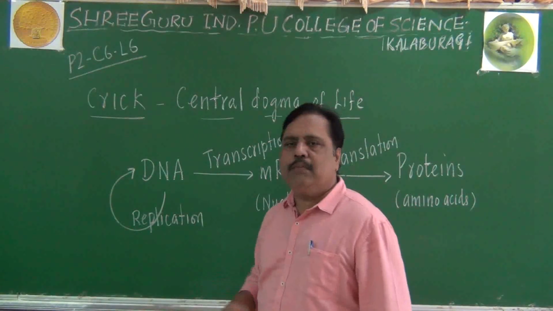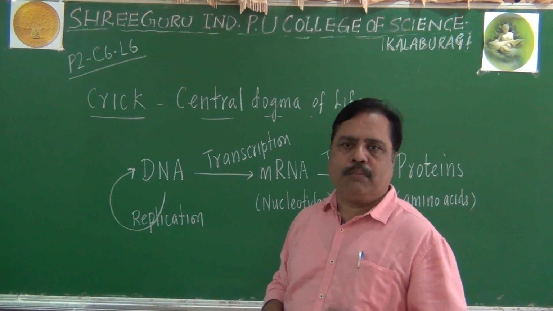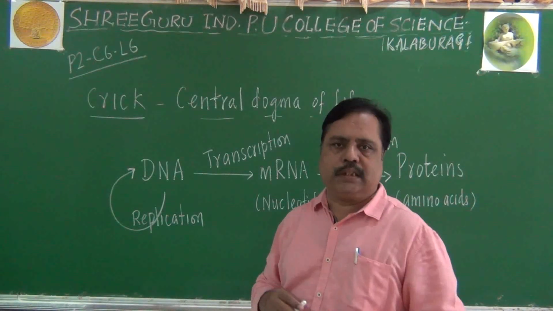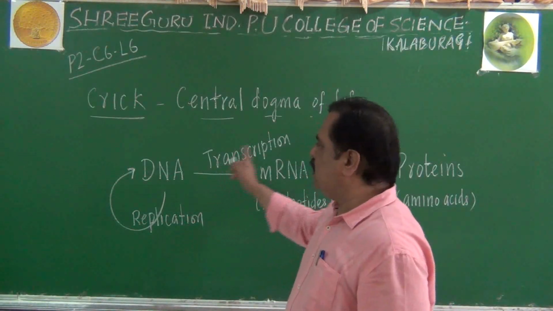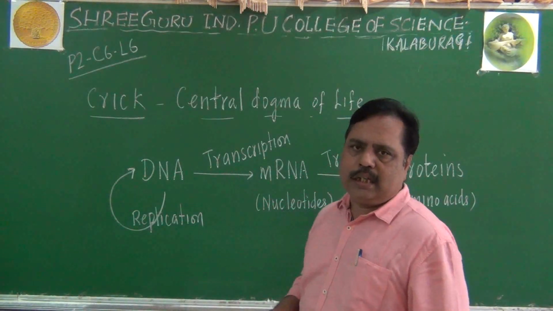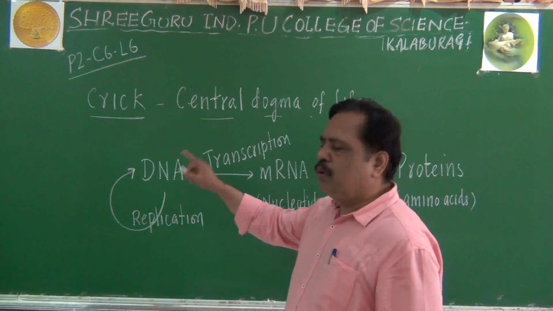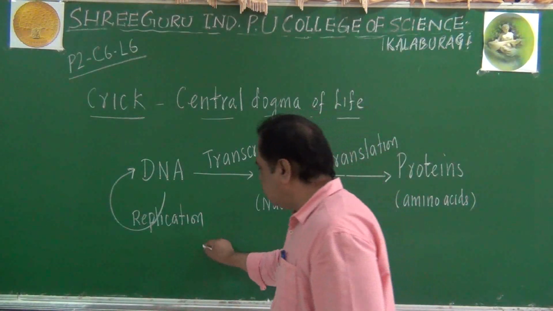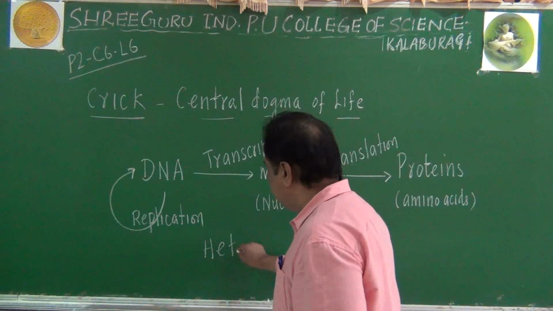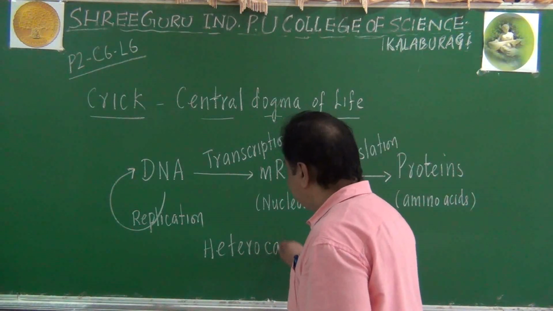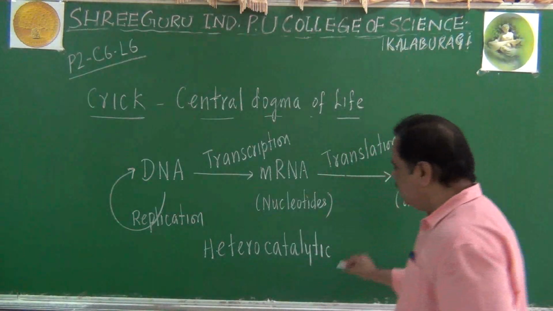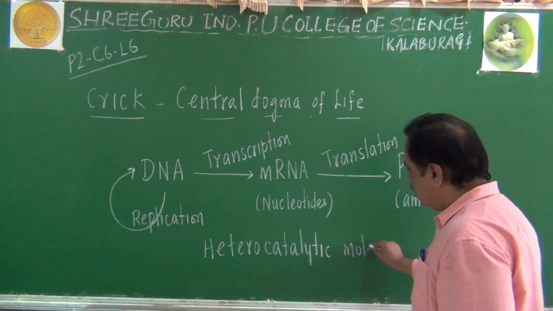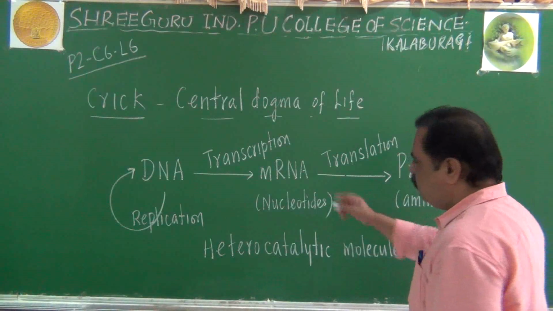So when a DNA molecule is able to perform two major functions, one called inheritance, another one called dogma, transcription and translation, it is known as a heterocatalytic molecule, we can say here. DNA is an example of a heterocatalytic molecule.